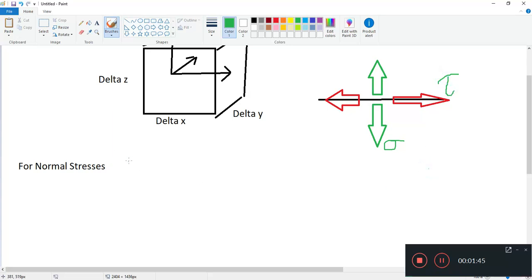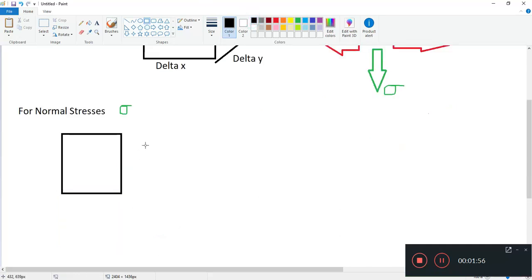Okay, for normal stresses, let's say you have a box here, and then you have this coordinate system, the simple xy Cartesian coordinates, the ones that we are most used to.